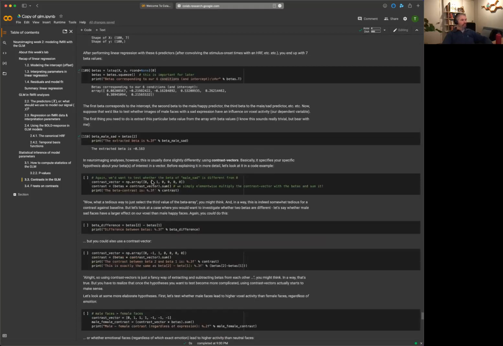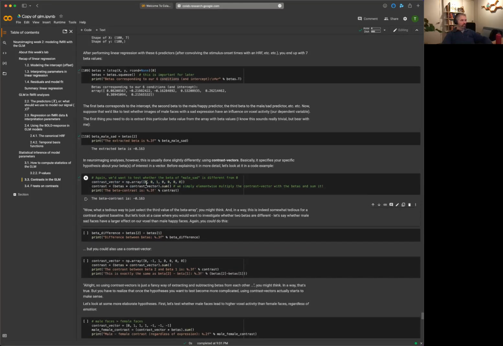And we want to test with this contrast vector what the statistic is for a response, whether this voxel showed a response to SAD male faces relative to an implicit baseline. So there is no other element in the contrast vector.